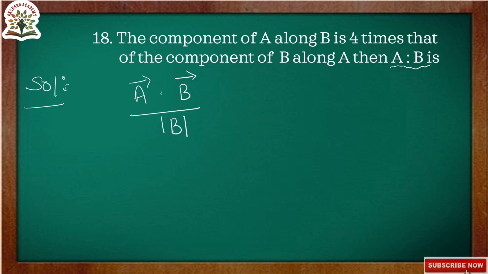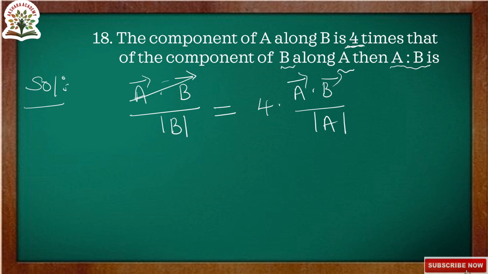This is the component of A along B. In this question they given that the component of A along B is 4 times that of the component of B along A. So the component of B along A is a bar dot b bar by modulus of a bar.